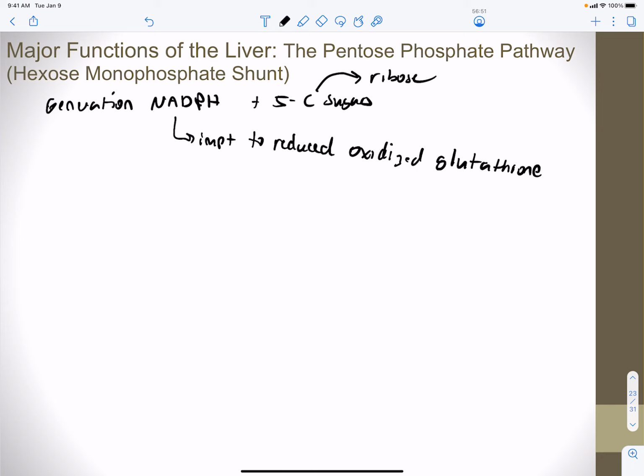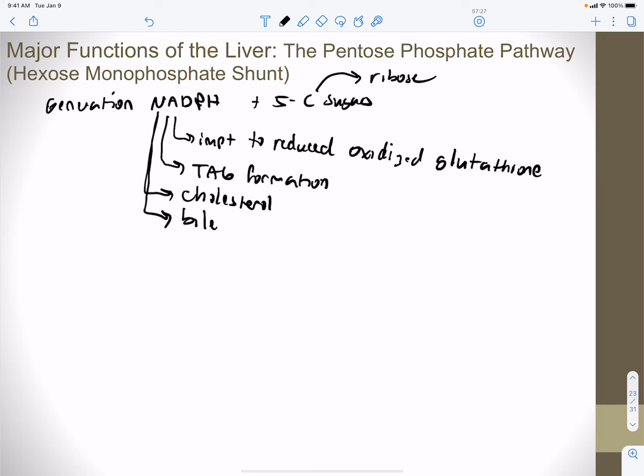And then this is going to help, of course, to make your purines, pyrimidines, etc. The liver is going to have a very high demand for NADPH because not only is it needed for reducing glutathione, but you also need NADPH for the synthesis of fatty acids, cholesterols, the synthesis of very low density lipoproteins, and bile salts. And so there are a lot of needs for this.